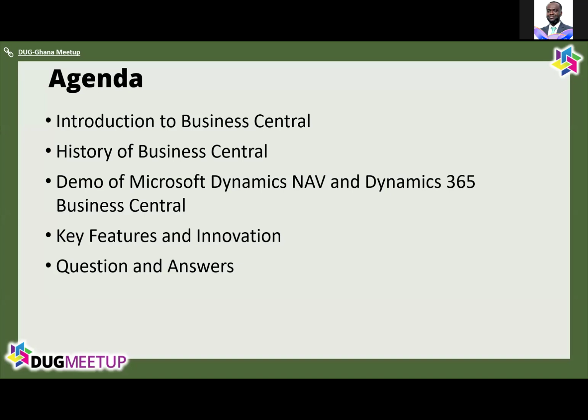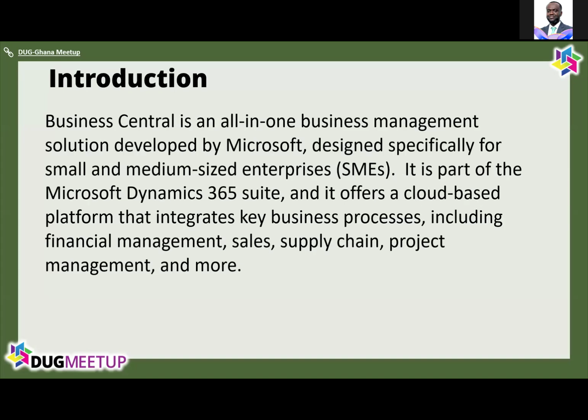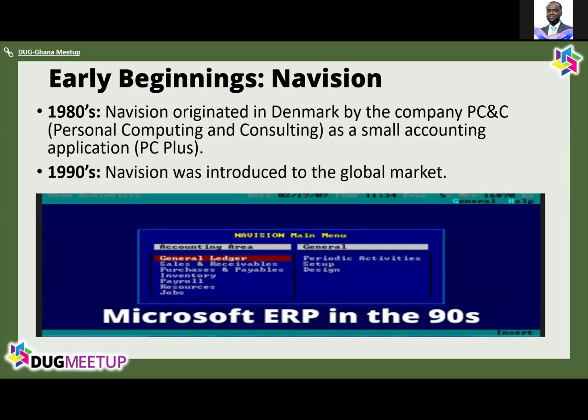Business Central is a one-source, all-in-one business management solution for SMEs. It was developed by Microsoft. It's part of the Microsoft Dynamics 365 suite. It's cloud-based and it integrates with key business processes, including your finance management, sales, supply chain, project management, manufacturing, and more. So in summary, really that's Business Central.